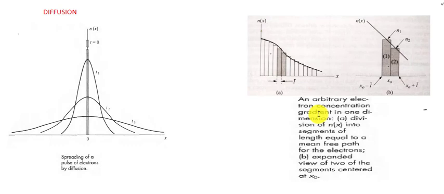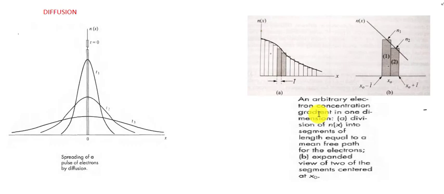This process is known as diffusion. If we spray the bottle, then the spray molecules will spread uniformly after two or three minutes to the entire classroom. So this process is an example of diffusion.